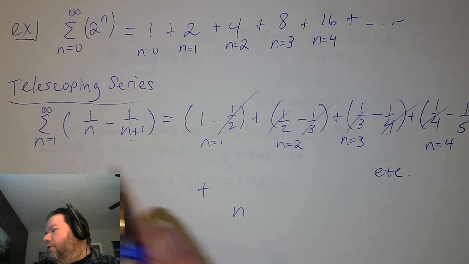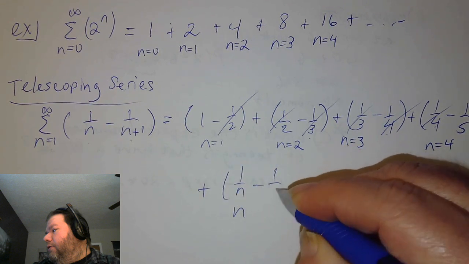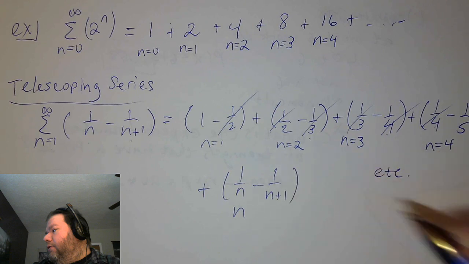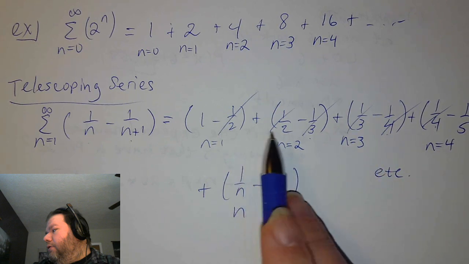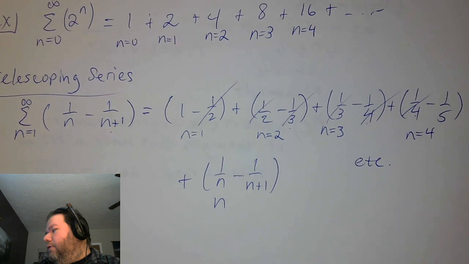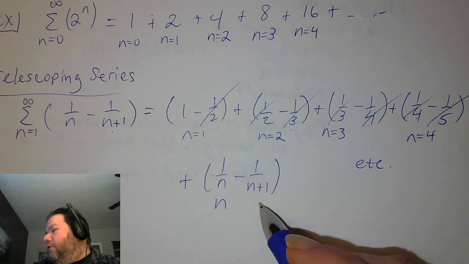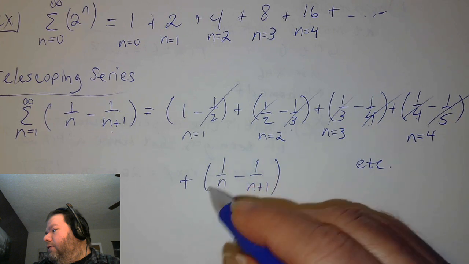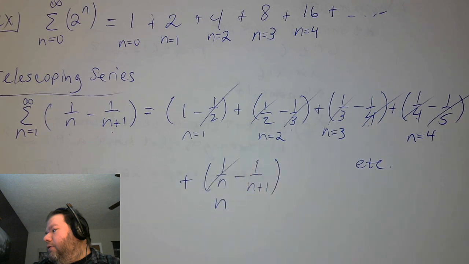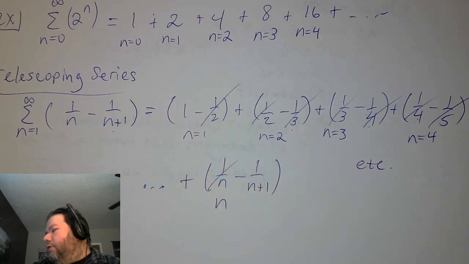The nth term is 1 over n minus 1 over n plus 1. Now we know, based on the pattern that we see happening here, eventually 1/5 is going to be cancelled out by the following term. And if this is the nth term, we know 1 over n is going to be cancelled out by the previous term, whatever that previous term happens to be.